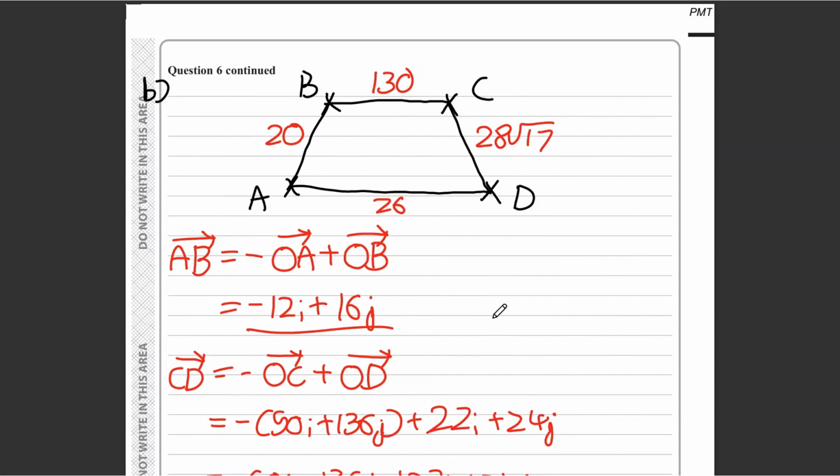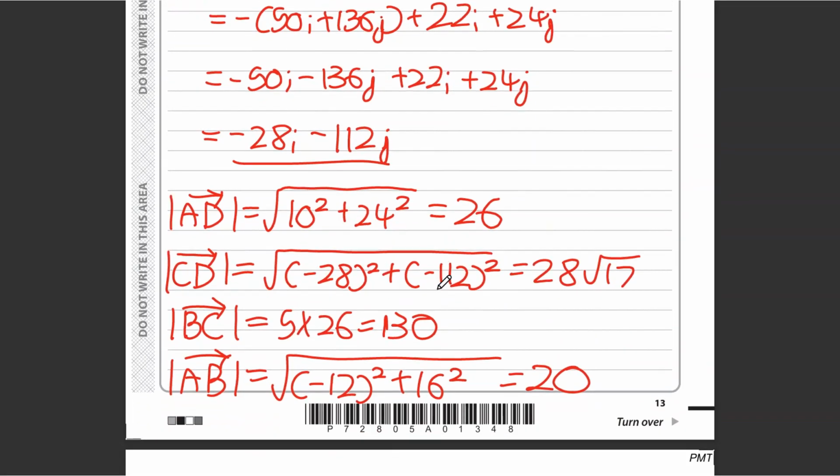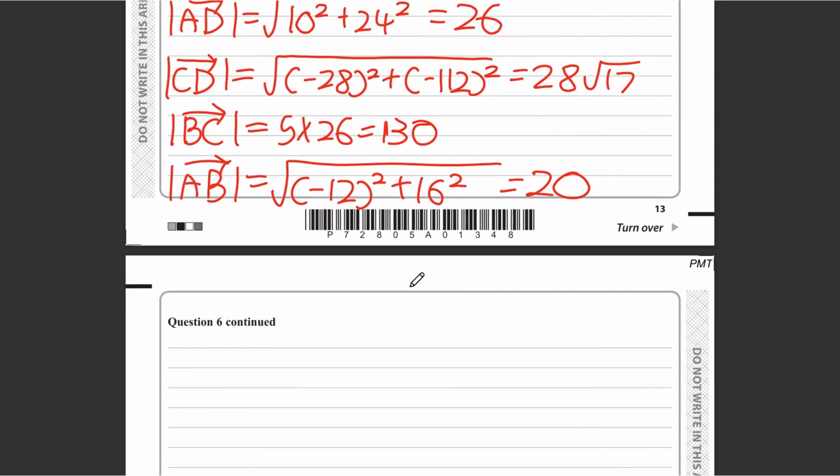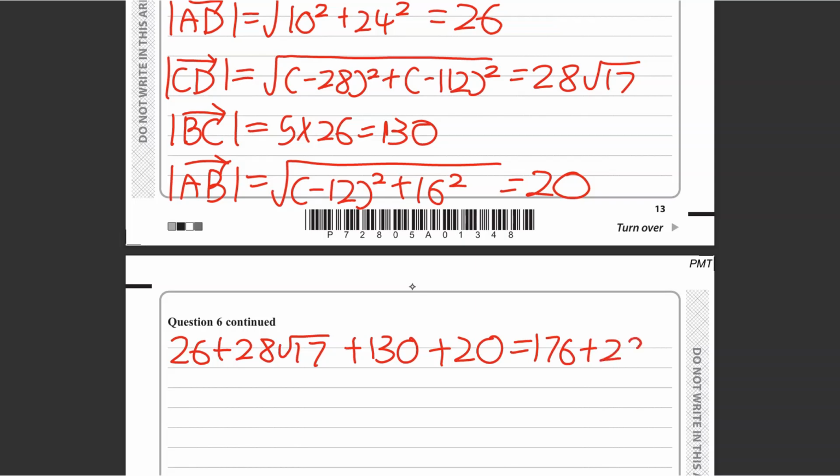Okay, so therefore, in order to complete a lap of this track, it's going to be these sides added together. So it's going to be 26 plus 28 root 17 plus 130 plus 20, which, if you put this into your calculator, is equal to 176 plus 28 root 17.